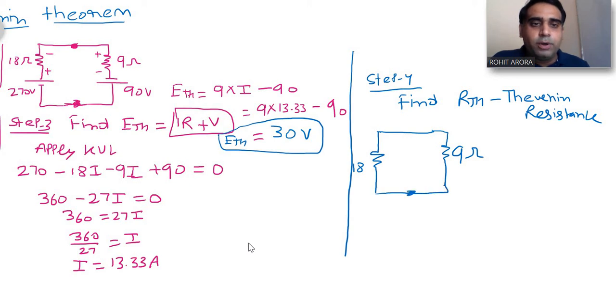These two are the points. One more thing, this 18 ohm and 9 ohm, we can draw like that also, because every branch is in parallel.